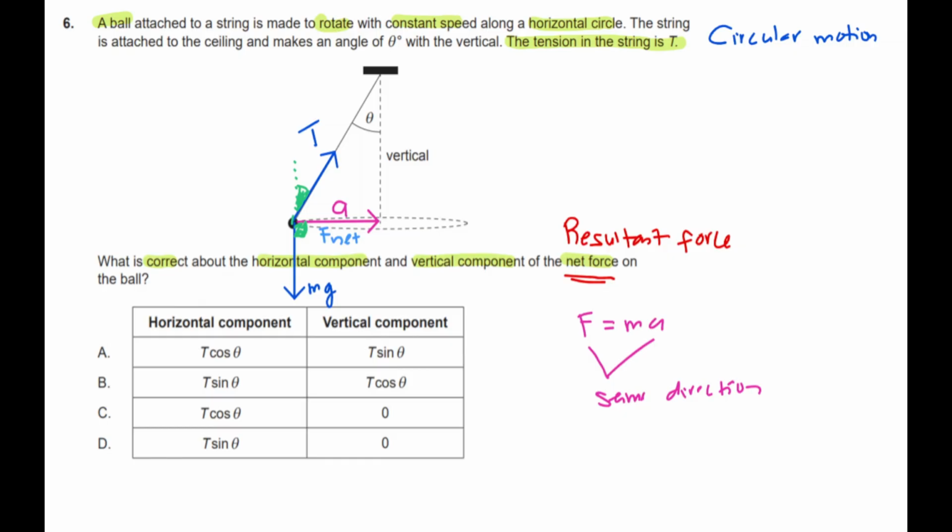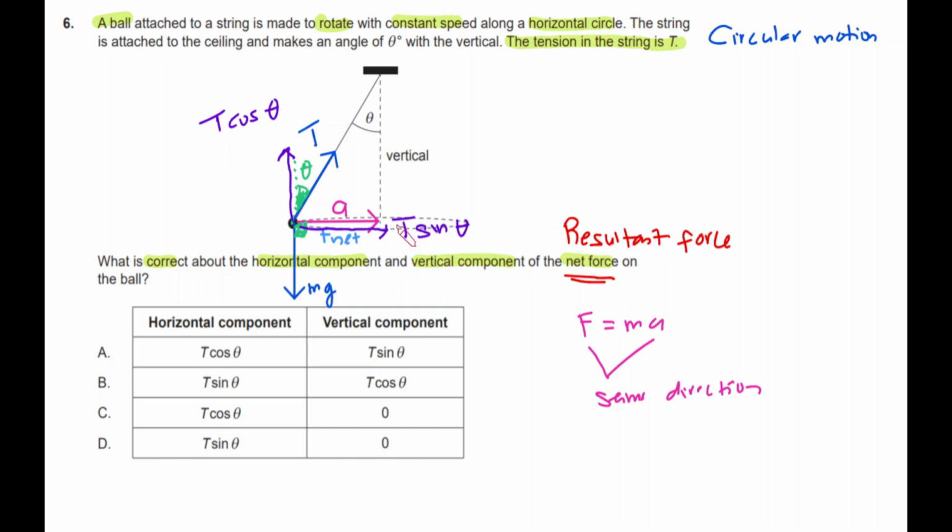When we resolve the tension, we have one component of tension pointing this way, and another component pointing this way. The horizontal component of the tension will be T sine theta, and the vertical component will be T cosine theta.